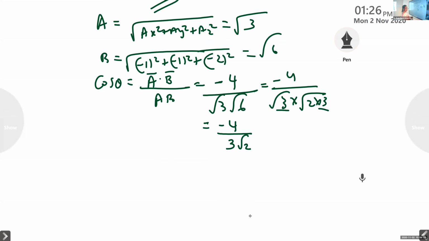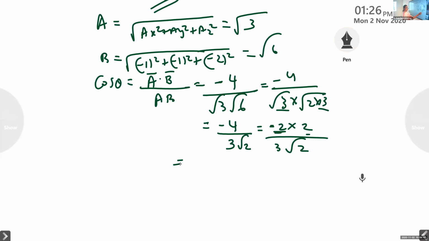Next, can we make it a little more simplified by splitting minus 4? You can write it as minus 2 into 2. You will get the same answer, correct? Divided by 3 root 2.